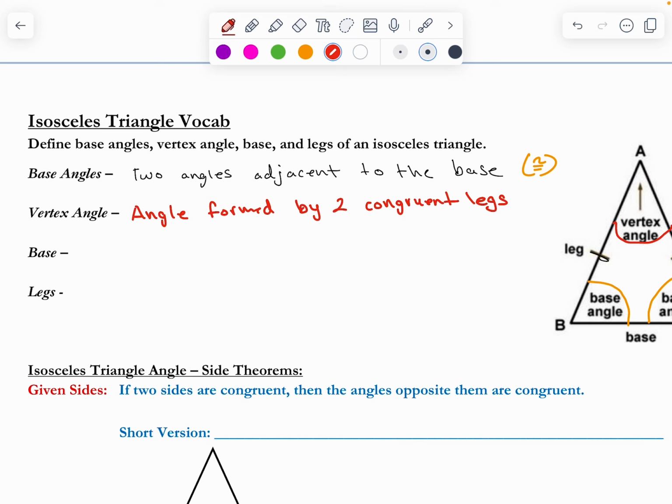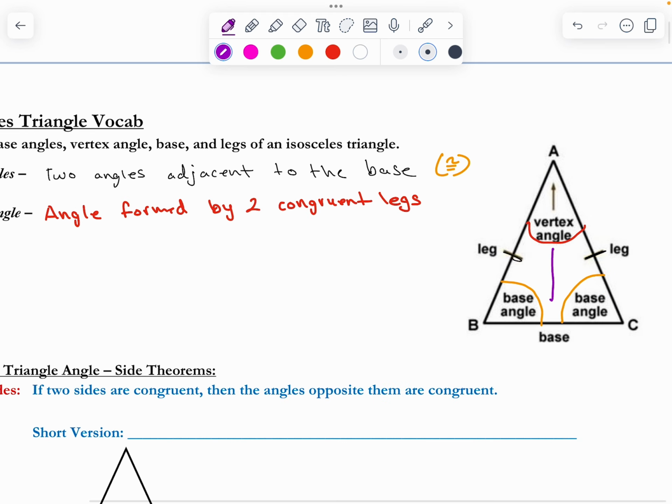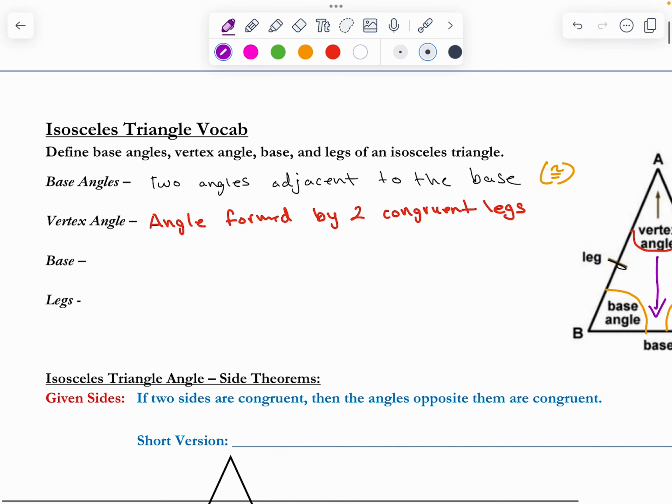So in this case, it's A. The base is the non-congruent side opposite to the vertex angle. So essentially, this is the vertex. This is opposite. So the base here, these are the non-congruent side, right?